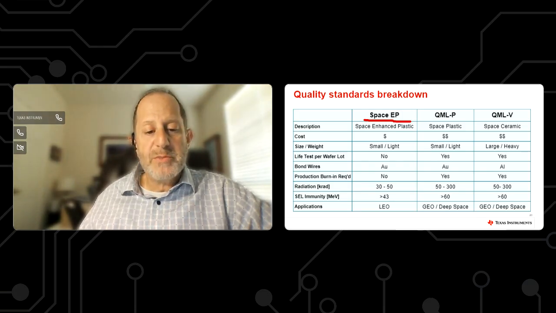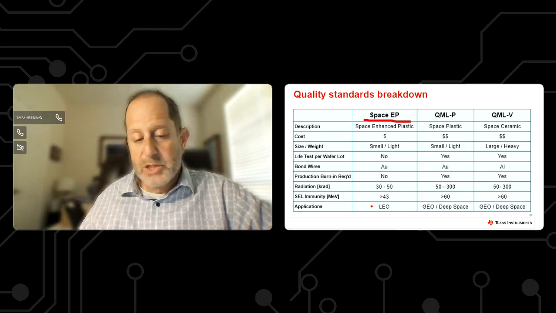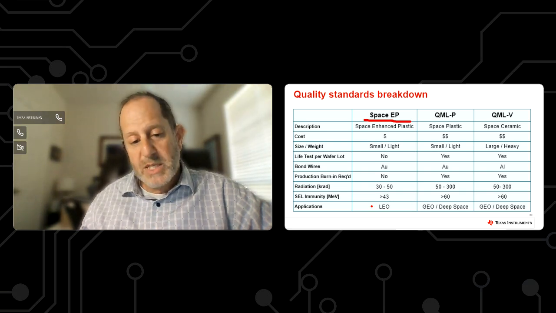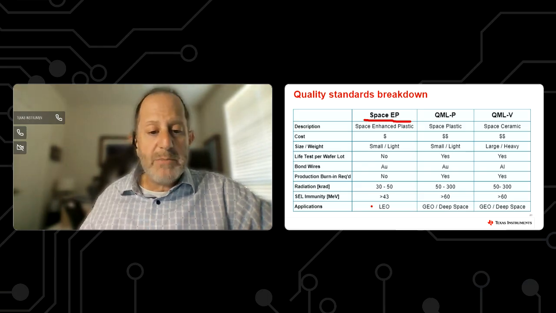These are typically used for LEO applications, low Earth orbit applications, where the radiation tolerant requirements are not quite as severe as when we go up into the geo or deep space type applications. So these devices are going to typically be in the 30 to 50 KRAD area.